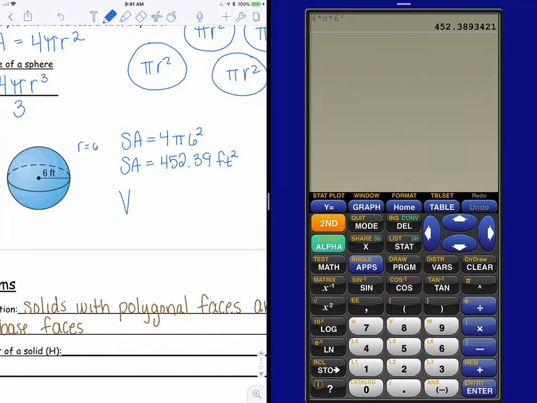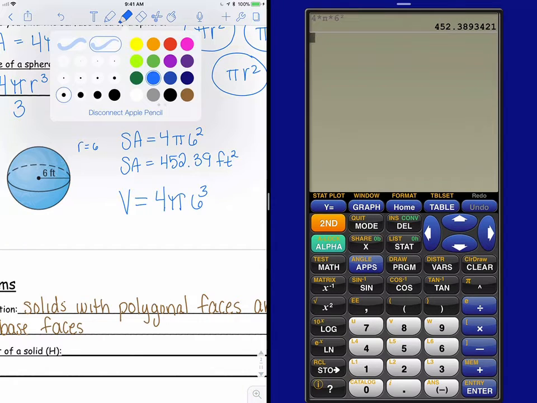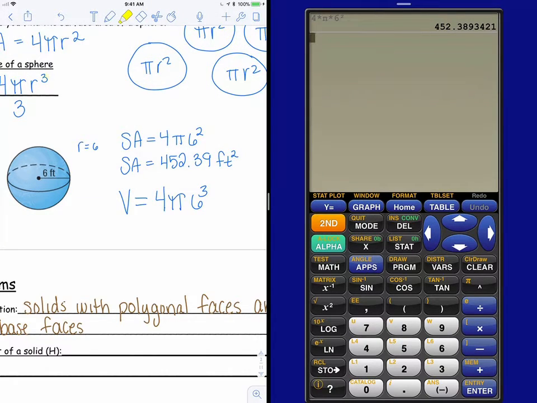All right, now let's take a look at volume. So volume equals 4 times pi times the radius cubed. I can't stress that enough. Everybody that misses this misses it because they put a square instead of a cube there, but it's radius cubed. And then all divided by 3.